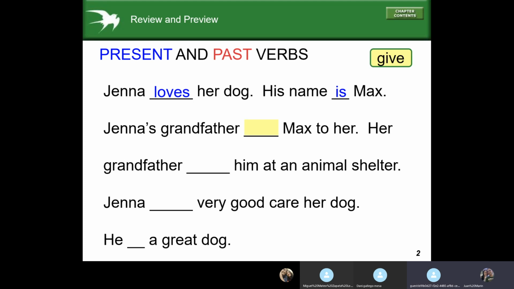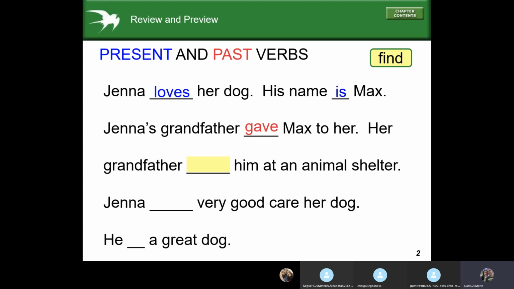Teacher, gave. Okay, what is the pronunciation of that verb? I don't know. Okay, gave. Yes. Gina's grandfather gave Max to her.